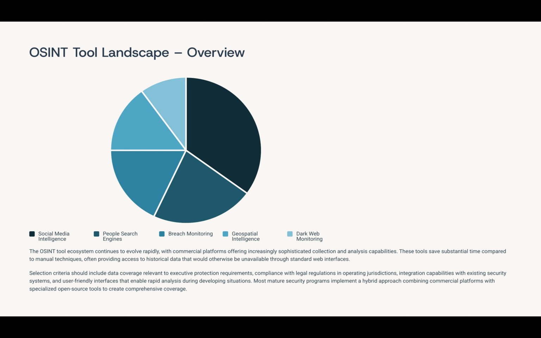Most robust executive protection programs employ a hybrid model that combines commercial solutions with custom open-source tools. This approach helps to ensure both broad coverage and the flexibility to adapt to new or emerging threat vectors. Ultimately, the right toolset supports your team's ability to detect, analyze, and respond to risks efficiently and effectively.